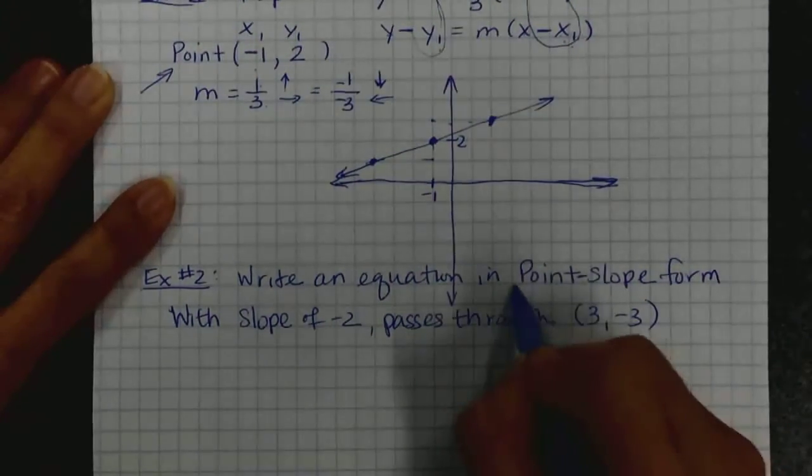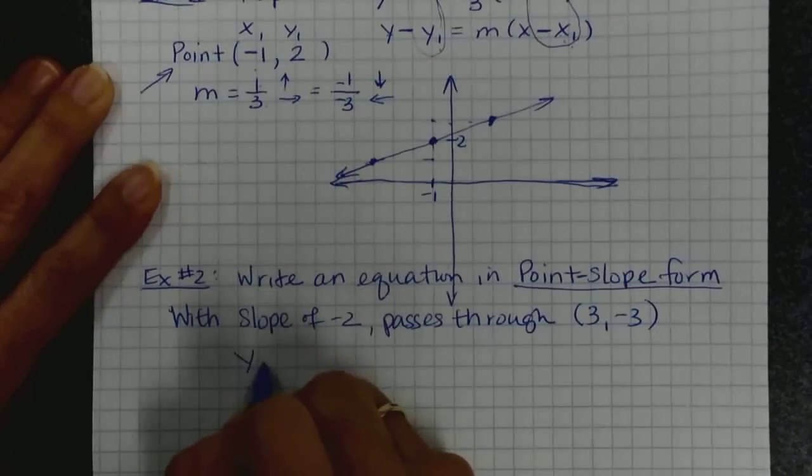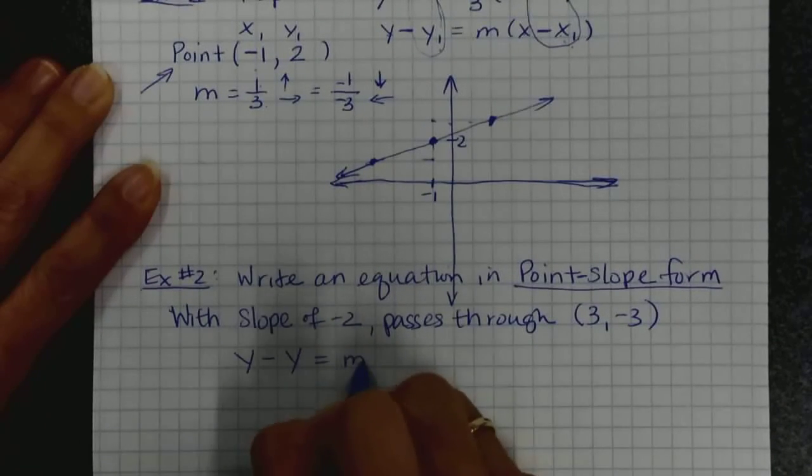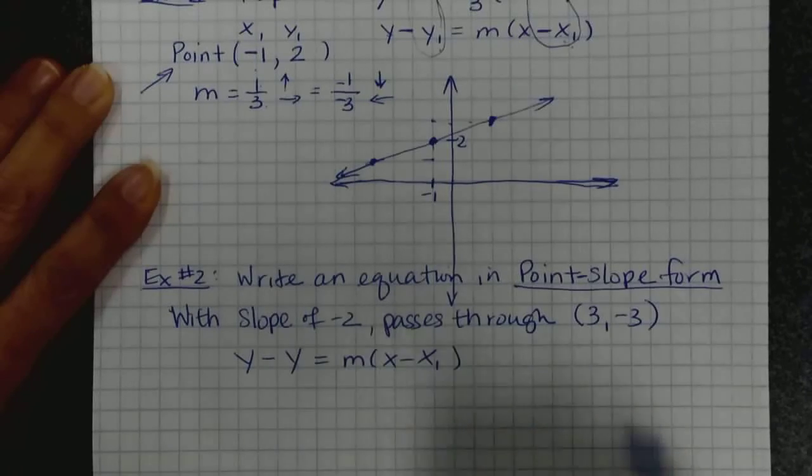So we want to write it in point slope form. And point slope form is again y minus y1 equals m times x minus x1.